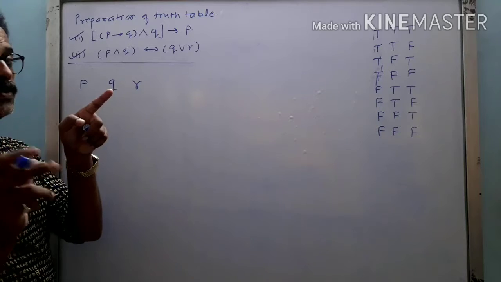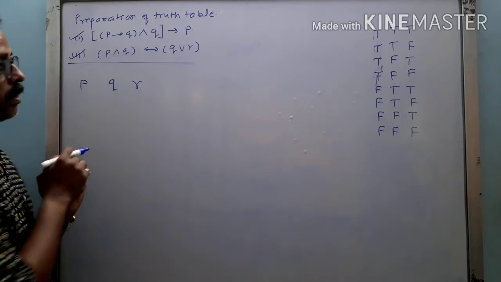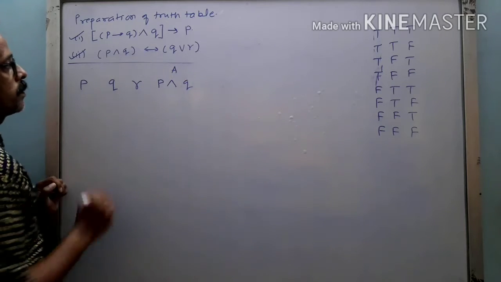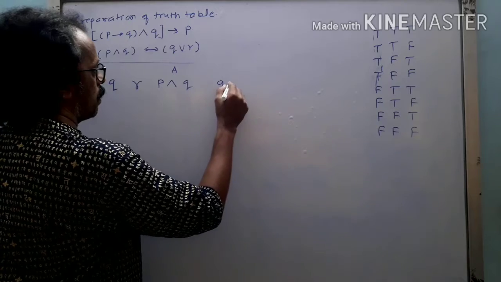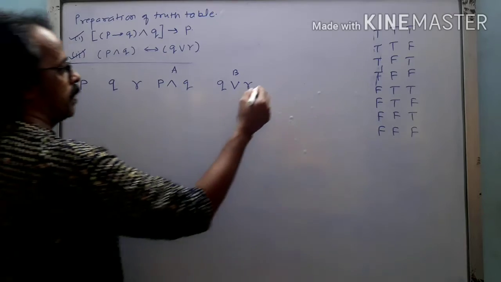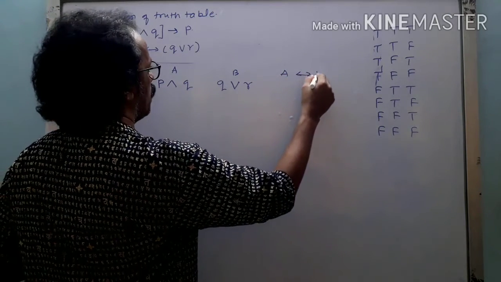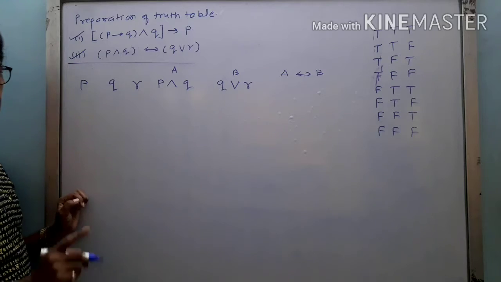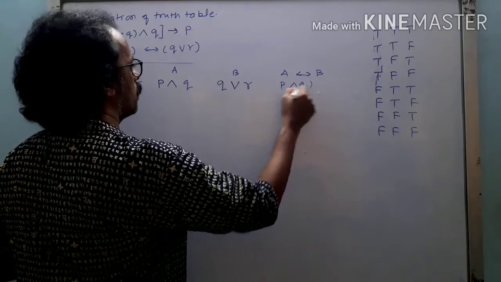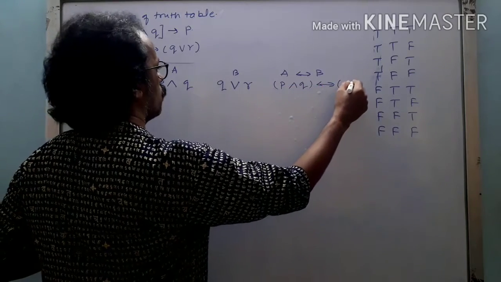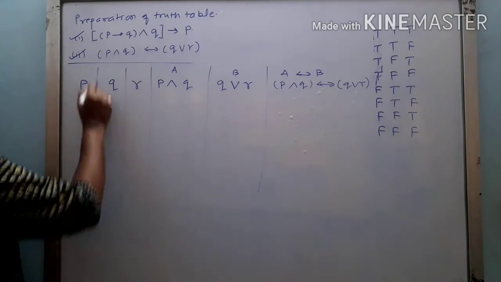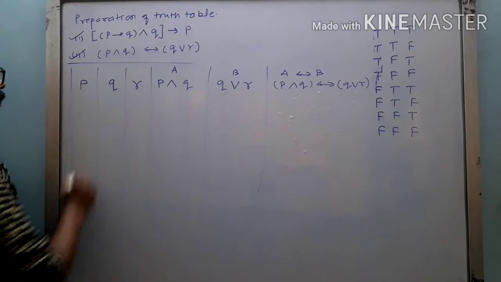What I said before in the first example: first the round brackets, so that is P and Q. This is my A. Next is Q or R. This is my B. And my last column would be A double implies B, or I can write it as P and Q double implication Q or R. Okay, now this is quite a big table and it could come for 3 or 4 marks.